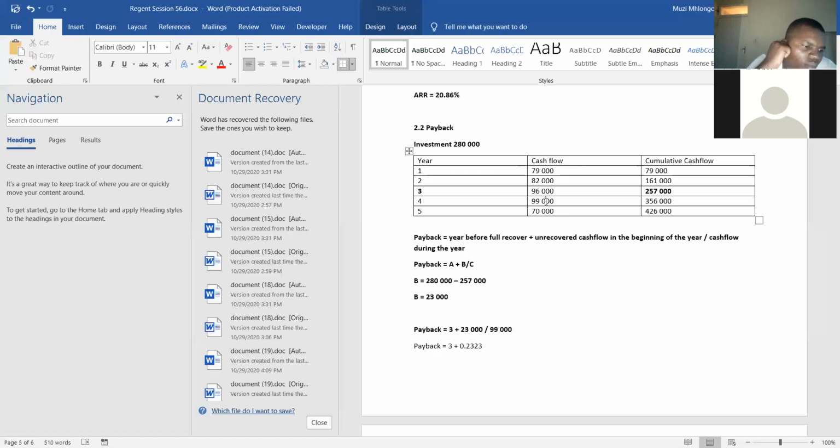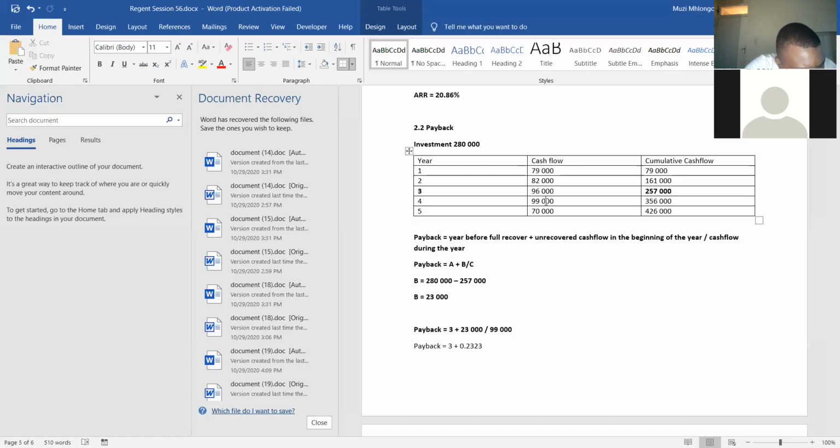That's how you go about calculating it. If you've been given net profit, you need to add the depreciation. I hope you are following. Here the cost is 100,000, cost of capital at 12%, depreciation at 25,000 a year.